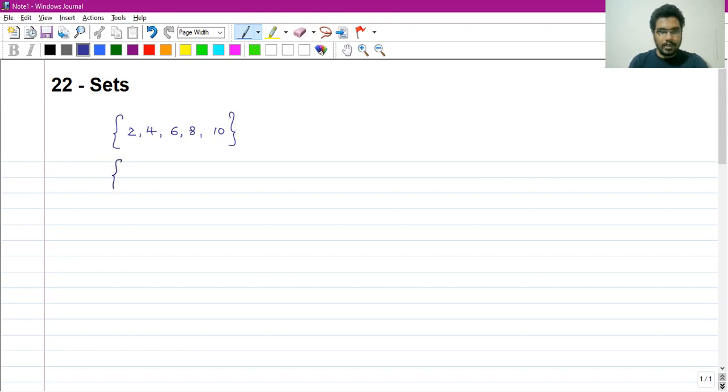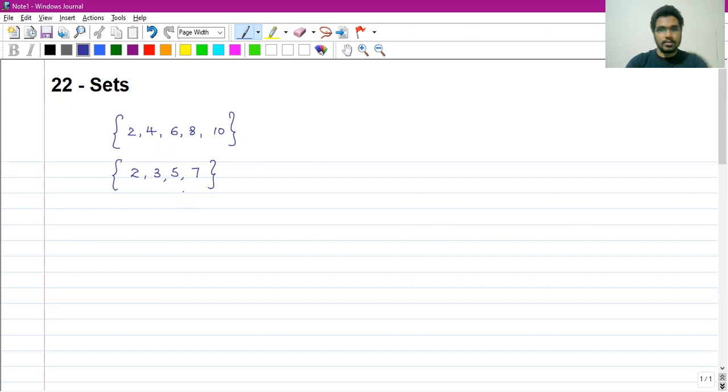Next, we can write the prime numbers like this: 2, 3, 5, 7. These are the set of prime numbers which are lesser than 10.